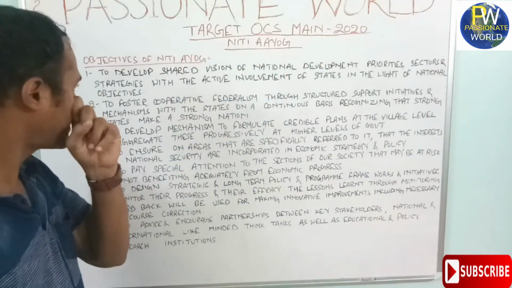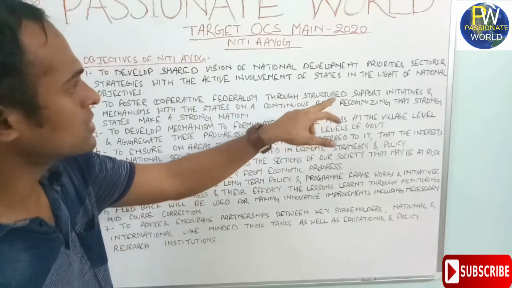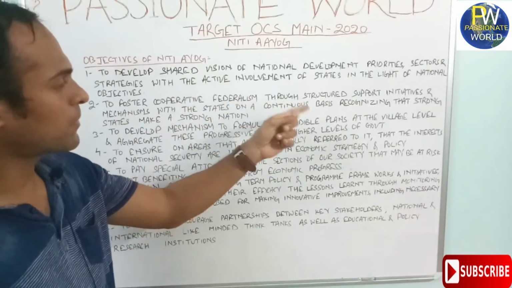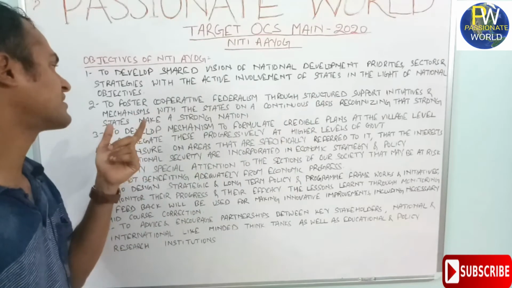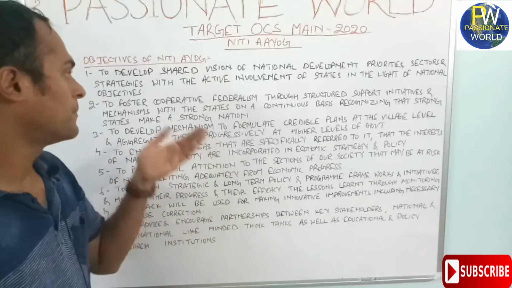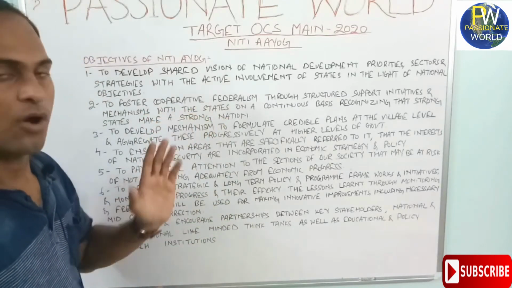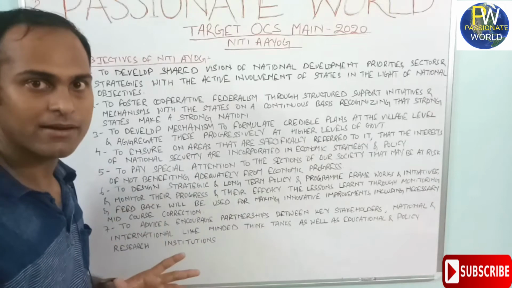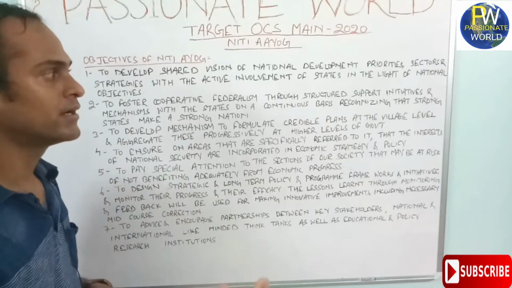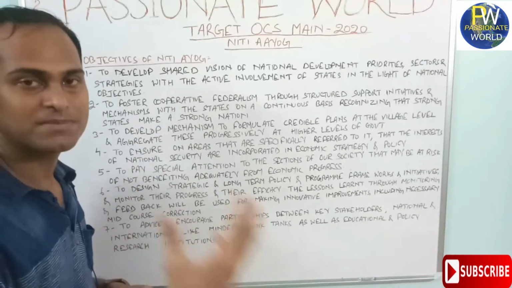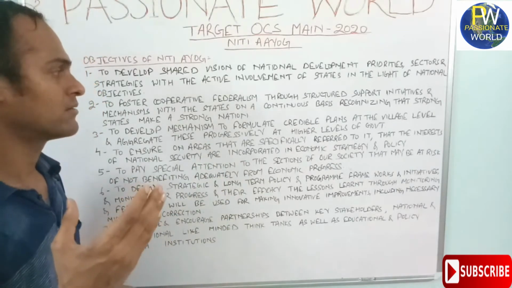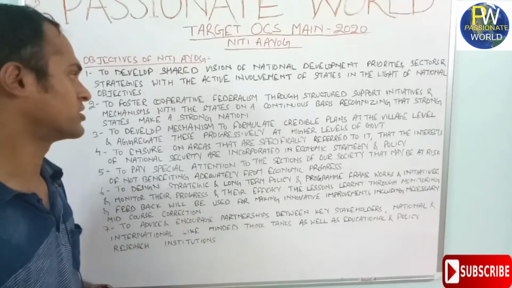Then, to foster cooperative federalism through structured support initiatives and mechanisms with the states on a continuous basis, recognizing that strong states make a strong nation. Another very important aspect of NITI Aayog, because in cooperative federalism, for all the initiatives taken up by the central government, the states have to contribute their part in order to make the objective successful.